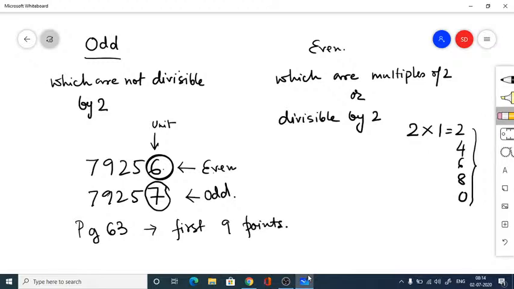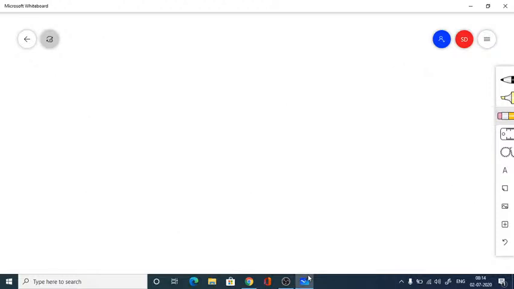What does this mean? Suppose 7. Now 7 is an odd number. Does it have any factor between 1 and 7? No. It is divisible by 1. It is not divisible by 2, neither by 3, 4, 5, 6, none of them. Again, it is divisible by 7.